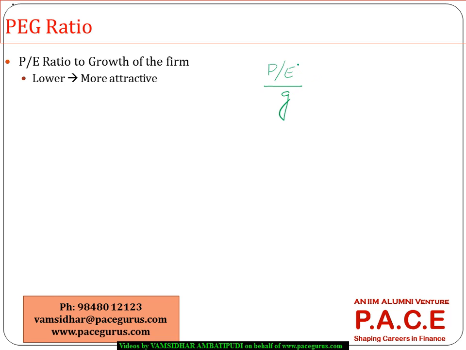Now we have already seen that if the actual P by E of the firm is less than the comparable firms' or justified P by E, we said that the stock is undervalued, right?